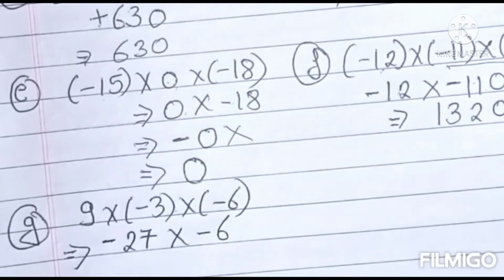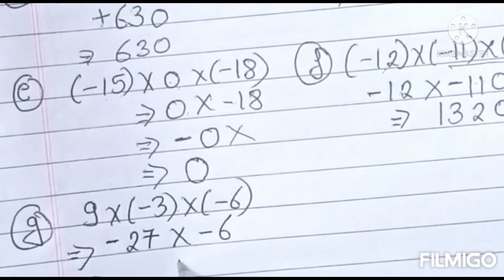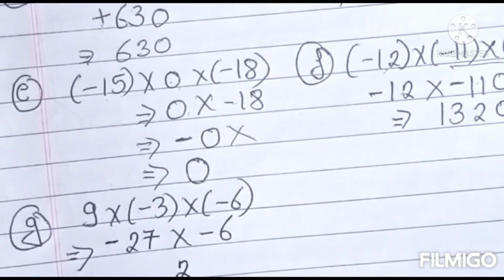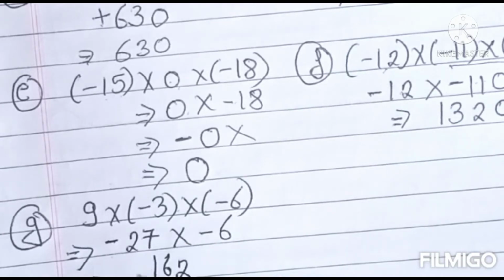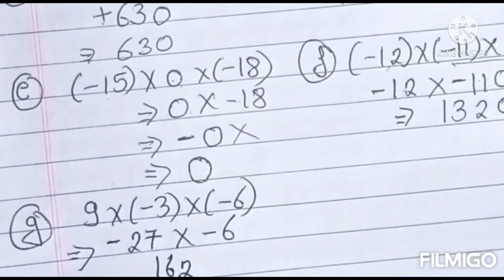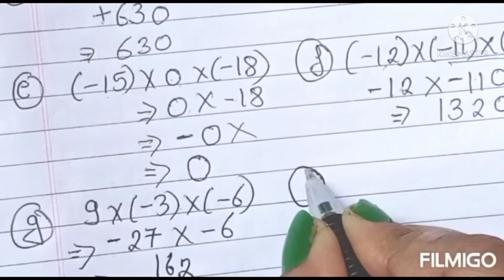Now multiply these two numbers. 27 into 6, 6 7s are 42, carry 4, 6 2s are 12, 13 14 15 16, 162 and minus minus will be cancelled or plus. So answer is 162. दो माइनस साइन है तो कैंसिल हो जाते हैं या फिर माइनस माइनस प्लस हो जाता है. बोथ आर सेम.